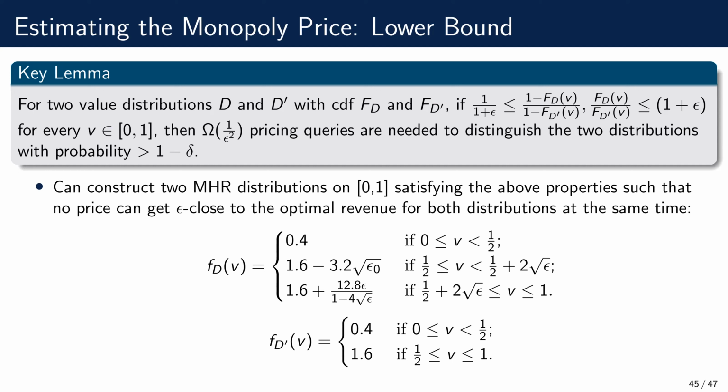Then we are able to construct two MHR distributions satisfying both properties in the lemma, and also no price can get epsilon close to the optimal revenue for both distributions at the same time. This leads to the omega of 1 over epsilon squared pricing query complexity lower bound.